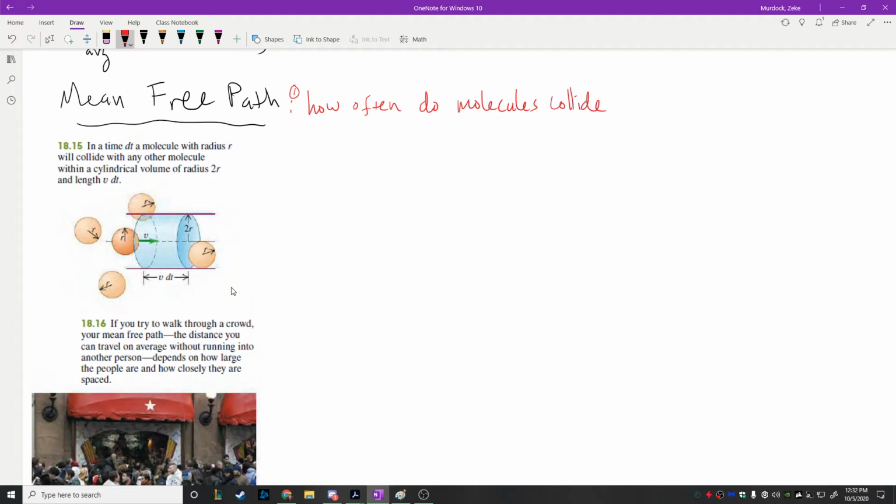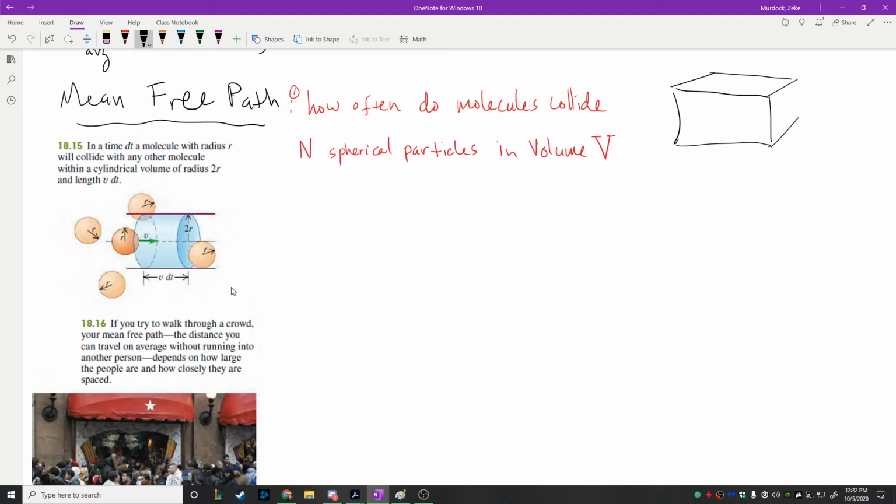All right. So we're going to say that there are n total particles that are spherical in a volume V. So we've got some container, and the volume of the container is V, the total volume, and there are little tiny particles, n of them, all inside of here.